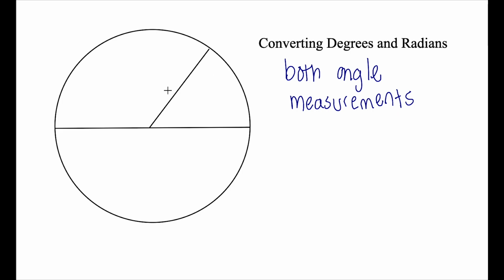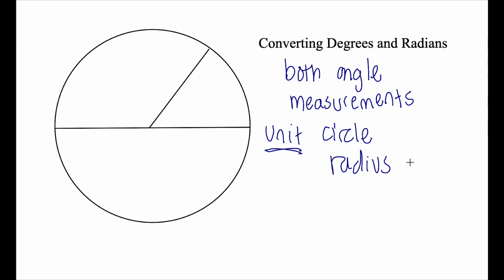So a big thing we're going to talk about in this trig unit is the unit circle. And it's called the unit circle because the radius is equal to 1.